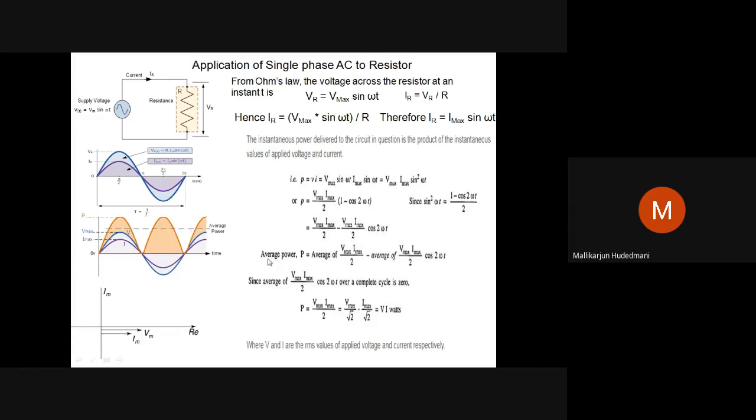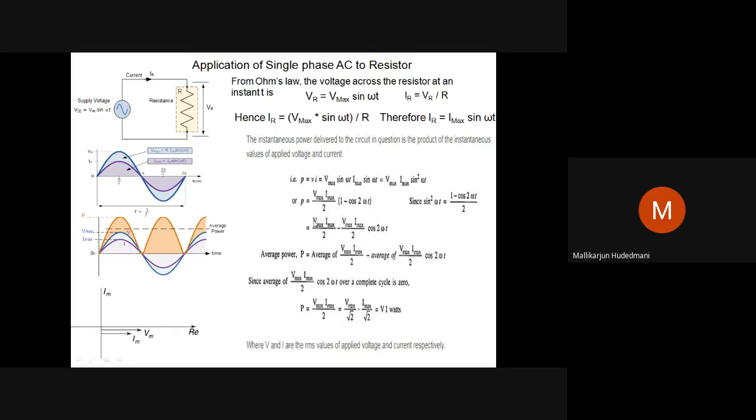You can see here, average power in a cycle is the average of the first term plus the average of the second term. Since the average of the second term, Vm Im by 2 cos 2 omega t, goes to 0, because when I take the average of this second term, it oscillates as a cosine.